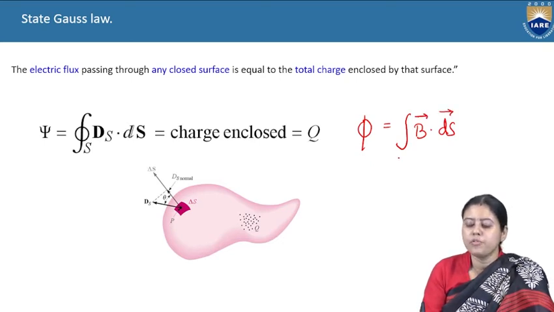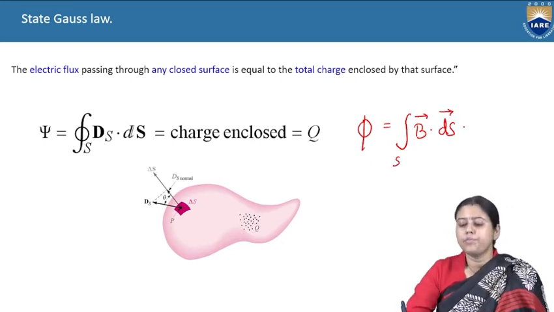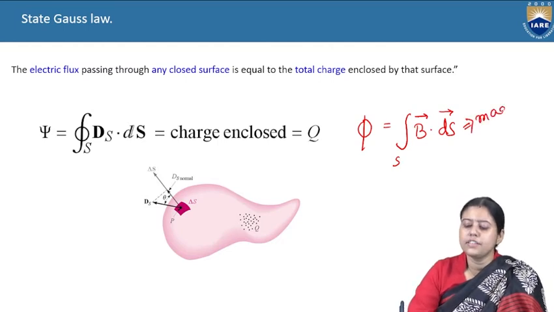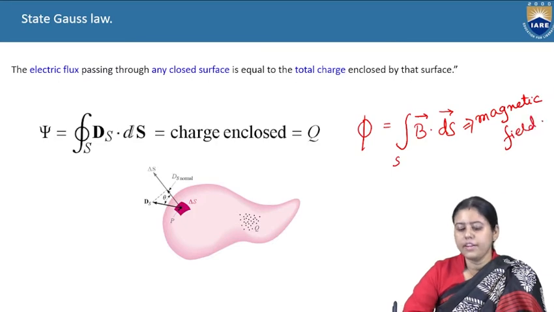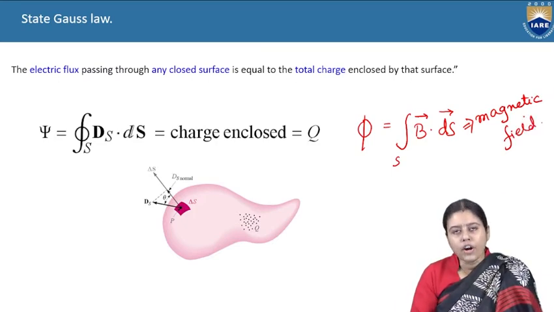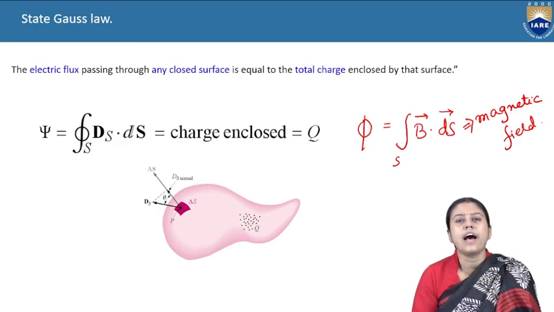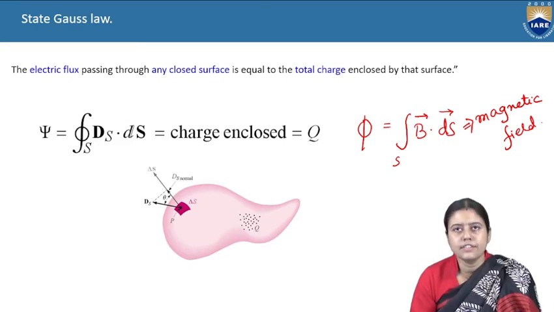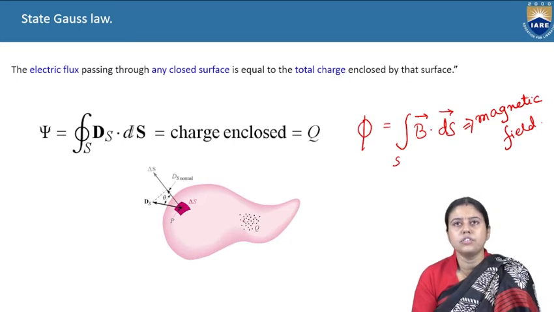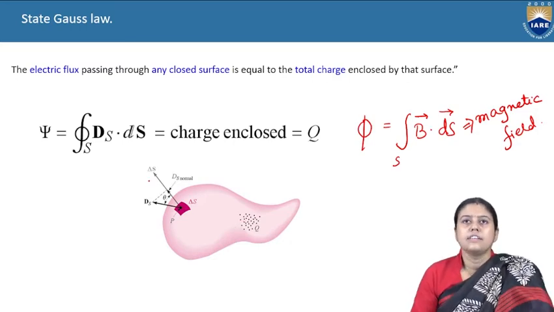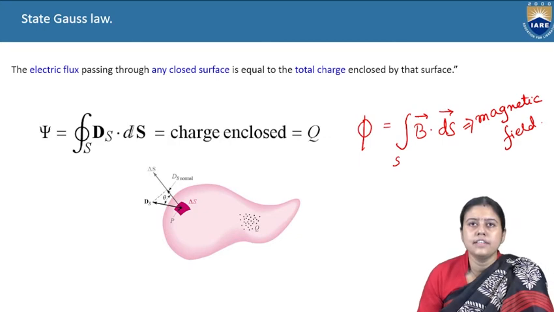So the same formula can be written for the magnetic field, and this is the original or conventional Gauss law for the electric field. Psi is equal to the surface integration of D dot dS. This is equal to the charge enclosed, where D is the electric flux density and dS is the surface area.